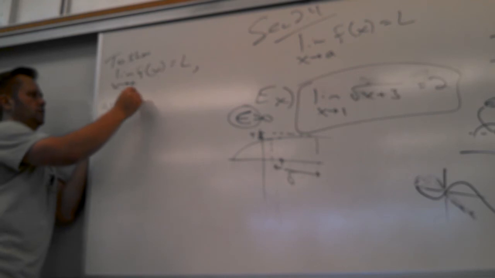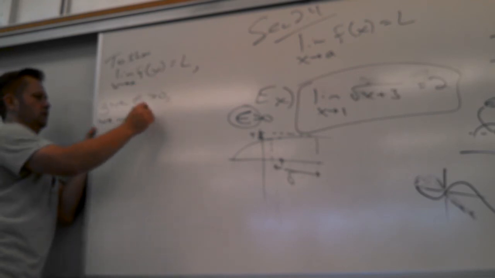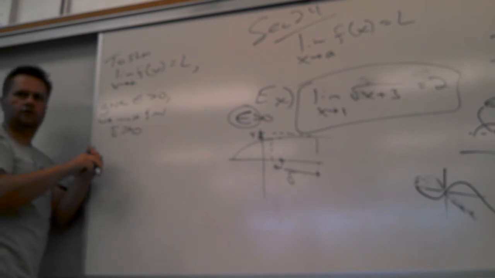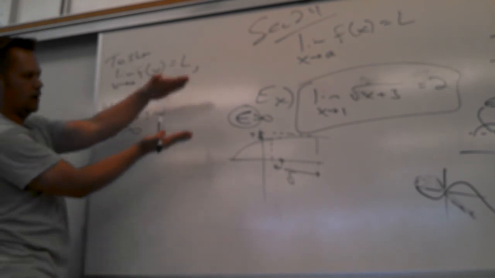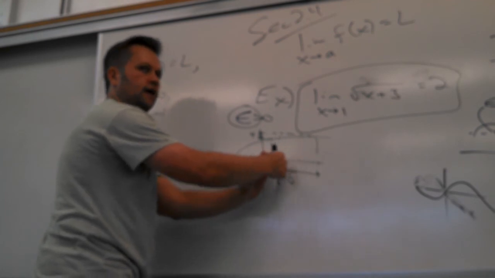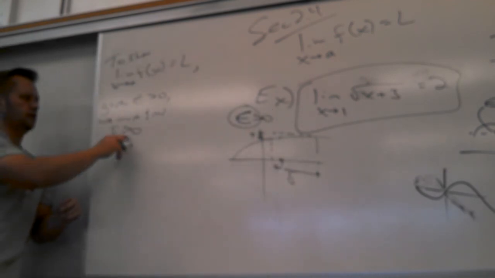Given epsilon greater than 0, we must find delta greater than 0. This is all in the book too, you might not have to read it, just read this. Given that I want you to be this close to the value, we can find some region on the x values that will always be at least that close.